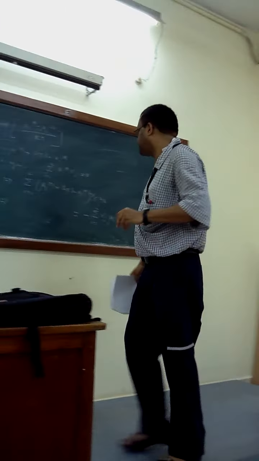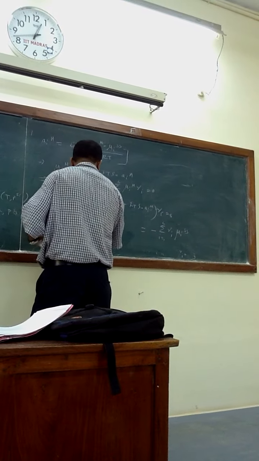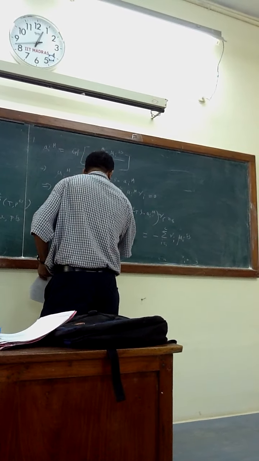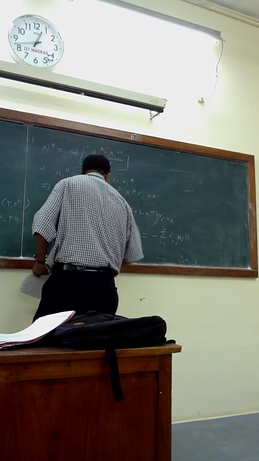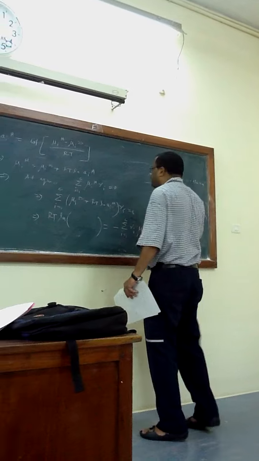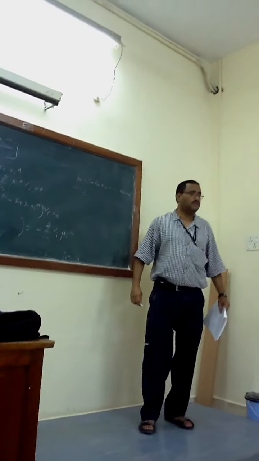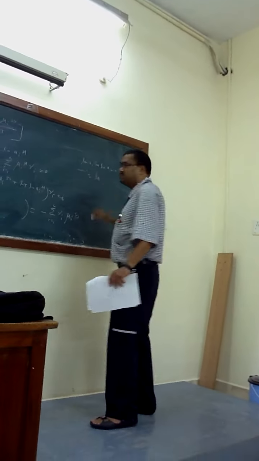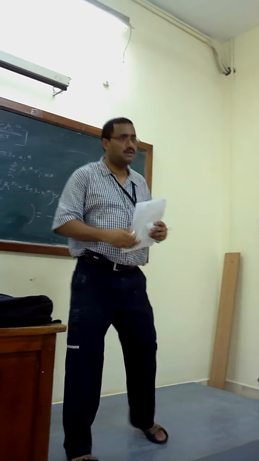You can simplify this much. RT, if I say ln, what can you simplify? ln A plus ln B is ln AB. ln A1 plus ln A2 plus ln AN, what should you write? In product notation, pi i equals 1 to n of a_i. You didn't know this? Okay.